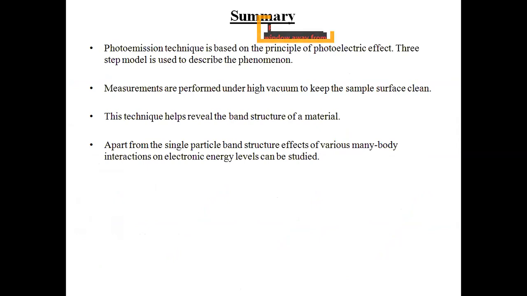Along with the single particle band structure, this technique can also reveal the many body interaction. So the effects of the many body interaction on the band structure, how the electron-electron, electron-phonon, or electron-plasmon interaction can alter your band energy, the electronic energy, can also be revealed. So with this, I end my talk.